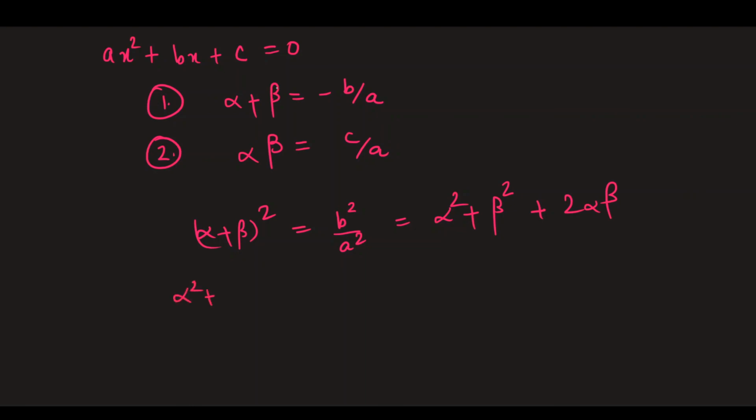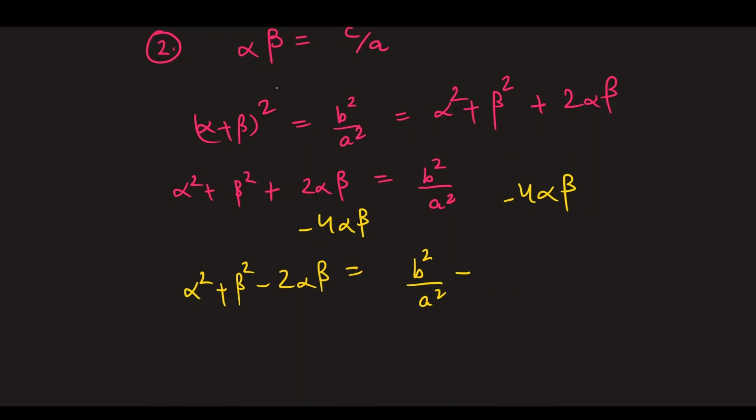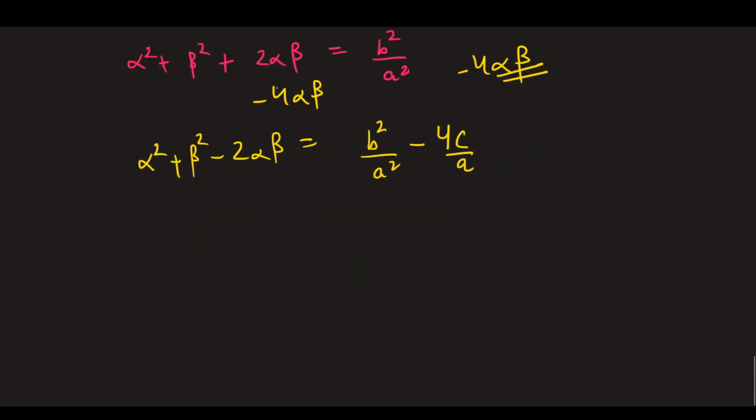Now subtract 4 alpha beta from both the sides. We get alpha square plus beta square minus 2 alpha beta is equal to b square upon a square minus 4c by a, because alpha beta is equal to c by a. The LHS becomes (alpha minus beta) whole square, and this is (b square minus 4ac) upon a square.